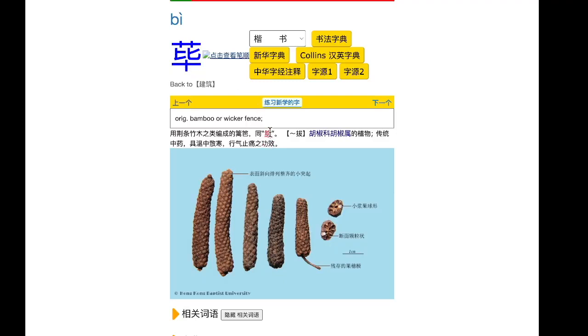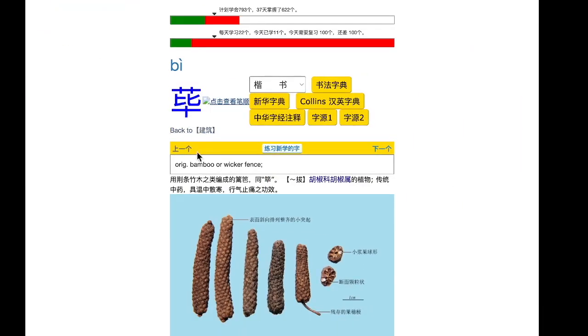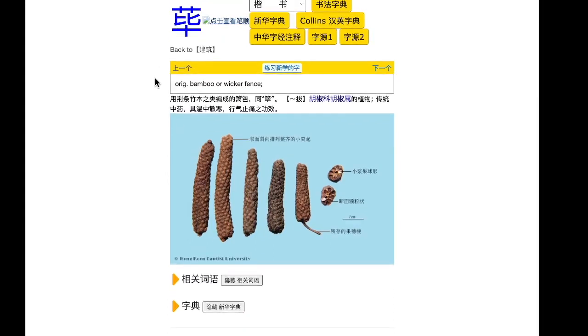But nowadays we use a different character for that. Instead of the one with the grass on top, we use the one with the bamboo radical, 竹子头. So this character now is pretty much only used in this word, 蓬壁.